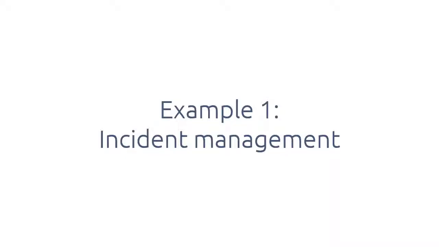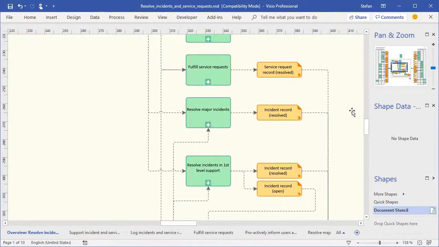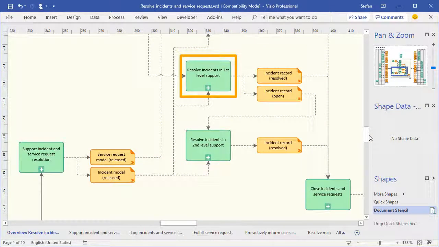The first example is incident management. It's a process in ITIL v3 and a practice in ITIL4. In the YaSM model, we have an incident management process with the typical high-level activities such as resolve major incidents, resolve incidents in first-level support, and resolve incidents in second-level support.